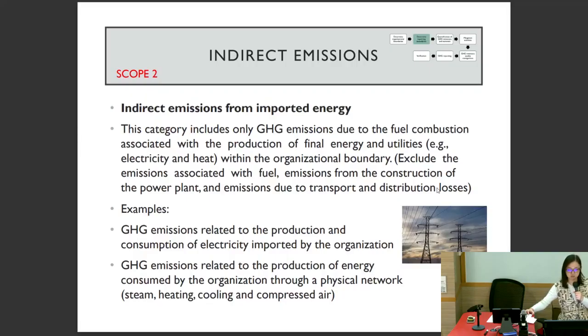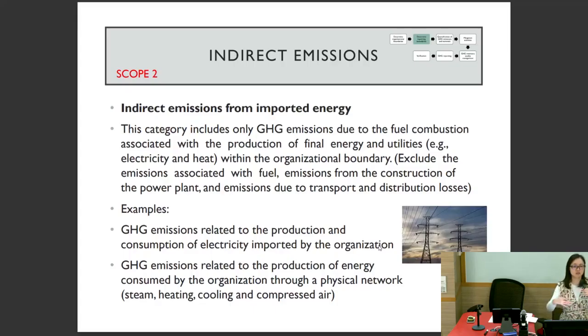Okay, the transmission loss will also indirectly lead to greenhouse gas emissions. And these should not be counted in scope 2. Okay, it should be counted in scope 3. Okay, for example, greenhouse gas emissions related to the production and consumption of electricity imported by the organizations.